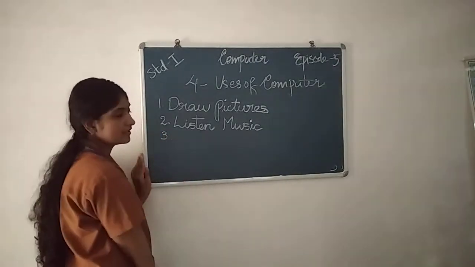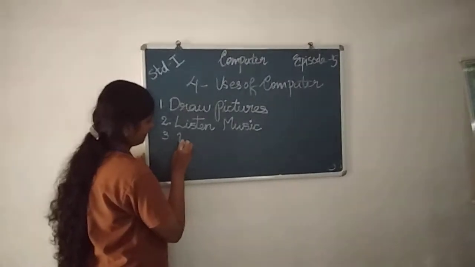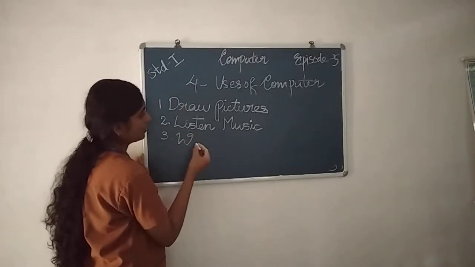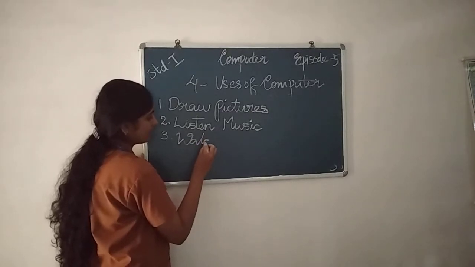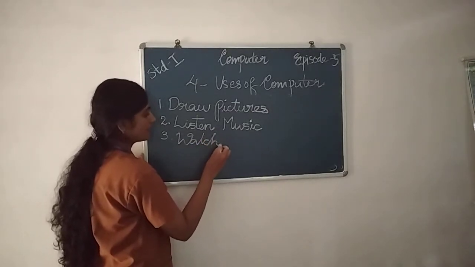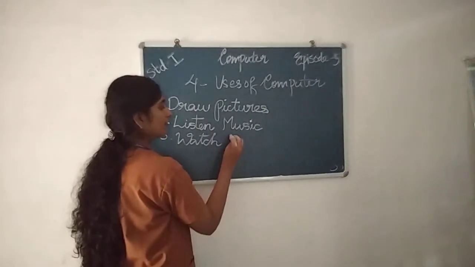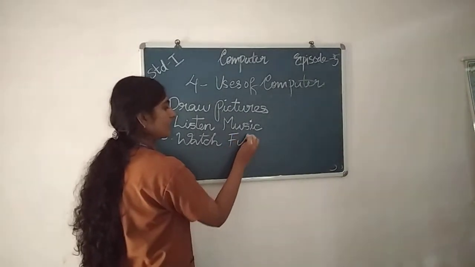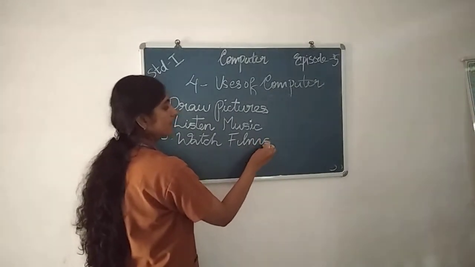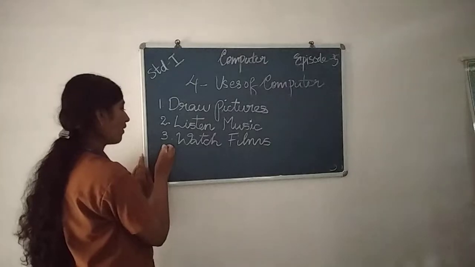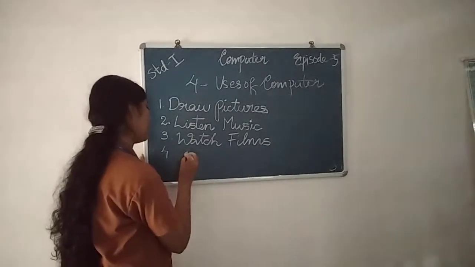Third one. What is the third one? Watch movies. W-A-T-C-H. Watch. Then movies or films. F-I-L-M-S. Films. Then fourth one, play games.